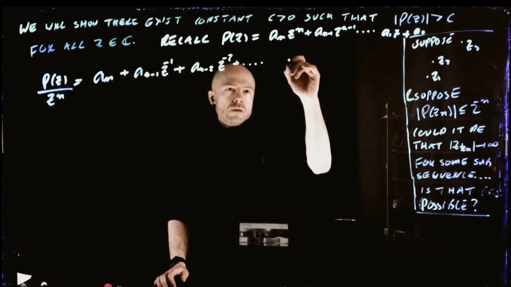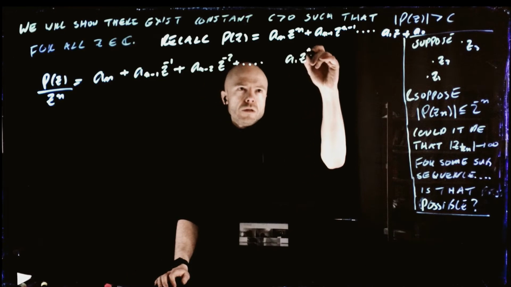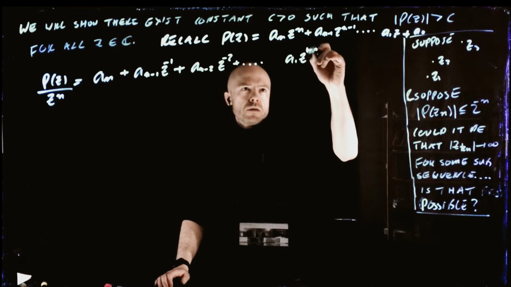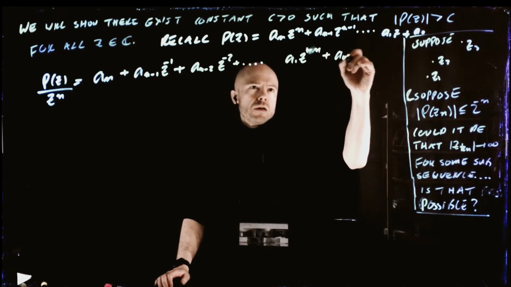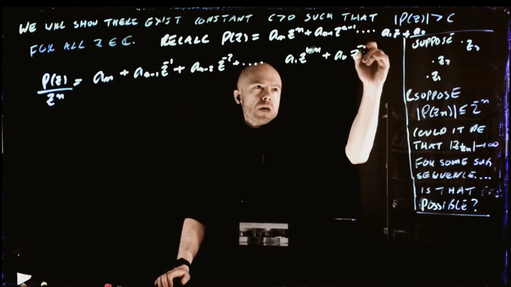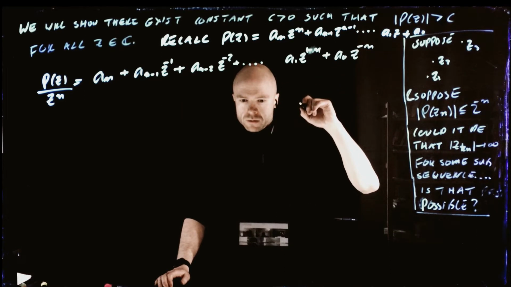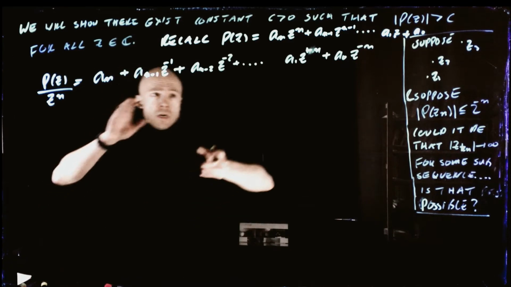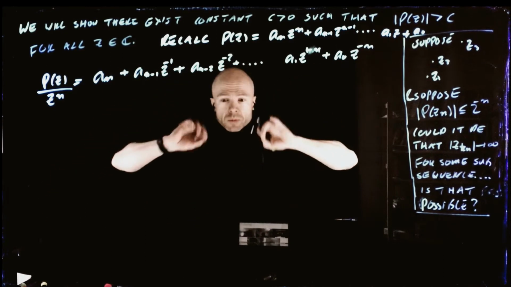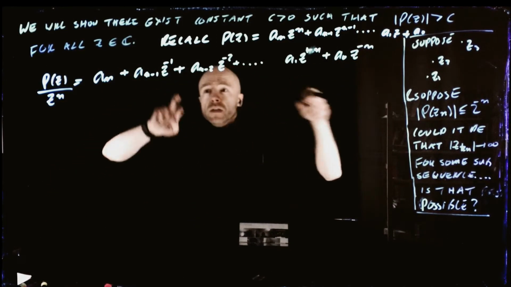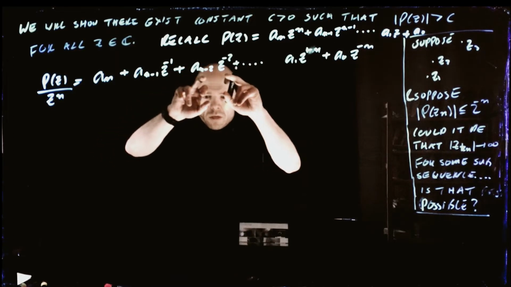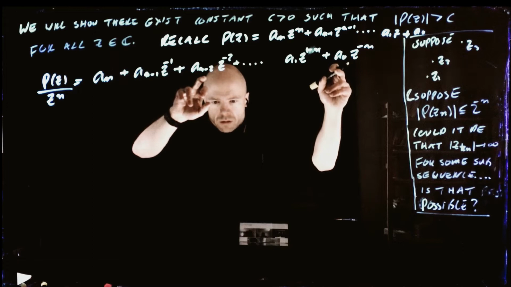And then so on. a1 is z to the 1 minus n. And then a0 is z to the minus n. So for large enough z, by which I mean absolute value of z is large enough, this thing is really small, and so is this thing, and so is this thing, and so is this thing.